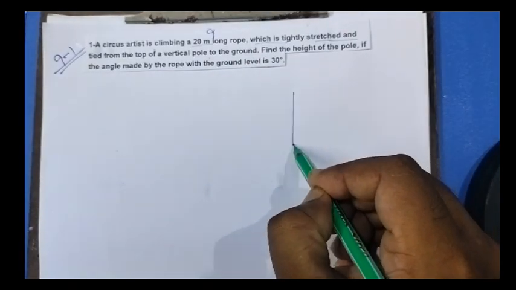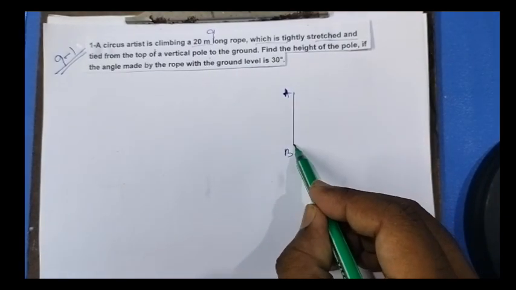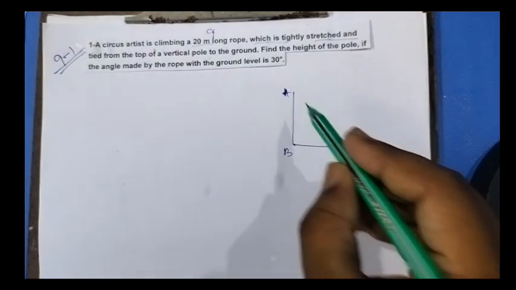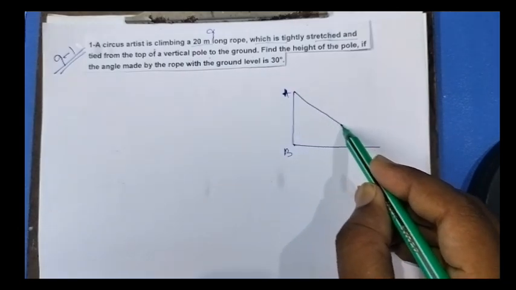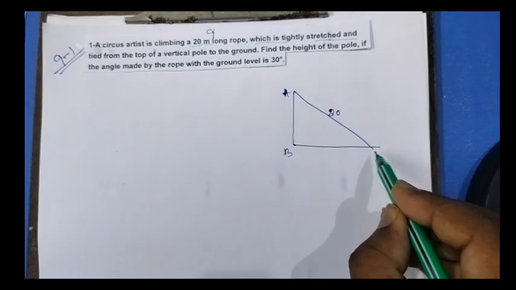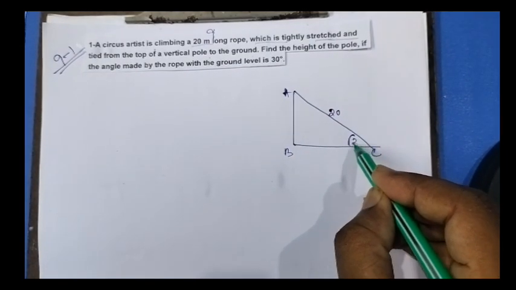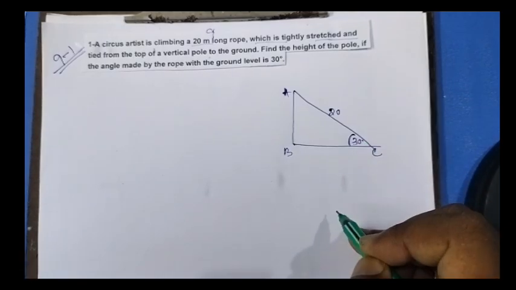Let's take a pole AB, and this is the ground, and this is the rope, that is 20 meter, at the position C, and the angle made is 30 degrees.